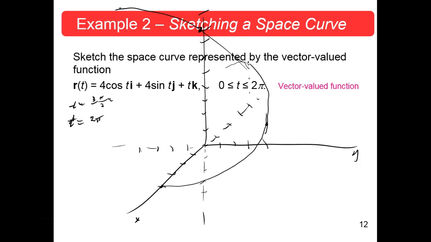What's cosine at 2 pi? 1. Okay, you're 4 again, and you're right over this one again. But now we're up here, at 2 pi is about 6. 1, 2, 3, 4, 5, 6.